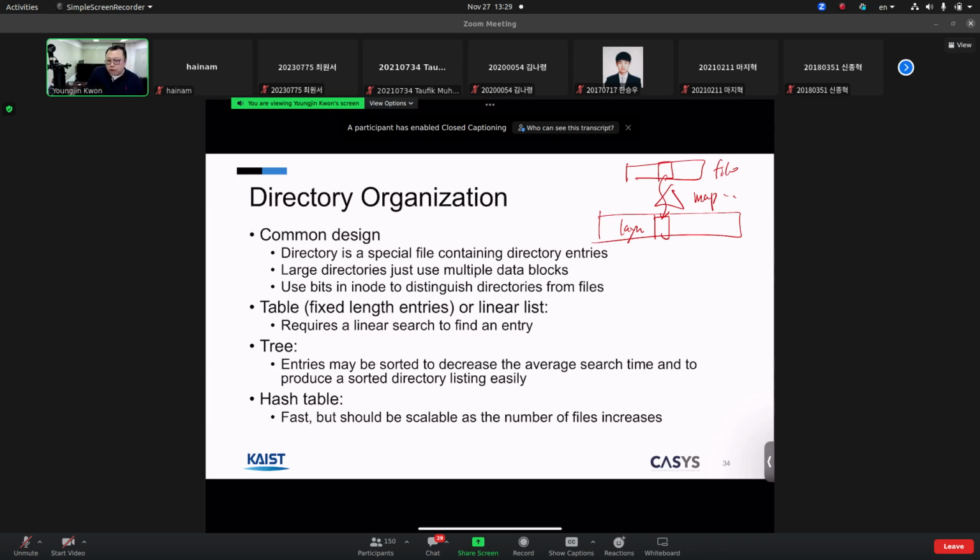A directory also has blocks, a special file that contains file names and inode numbers. So how do we organize this directory block from the directory inode?